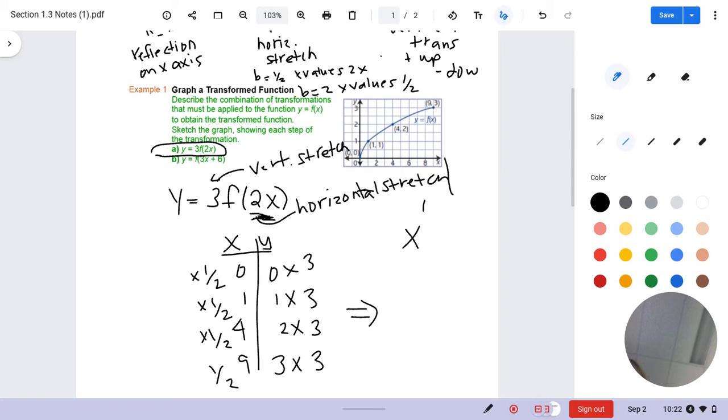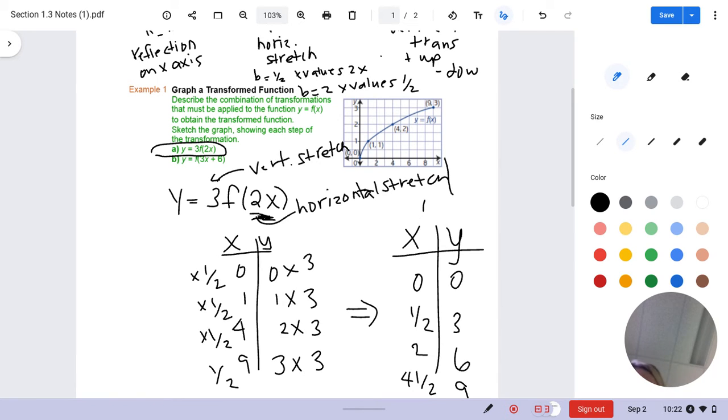So my new table is going to be 0 times a half is 0, 1 times a half is a half, 4 times a half is 2, and 9 times a half is 4.5. And 0 times 3 for our y's is 0, 1 times 3 is 3, 2 times 3 is 6, and 3 times 3 is 9. So this would be our new table, and we could draw our picture from there.